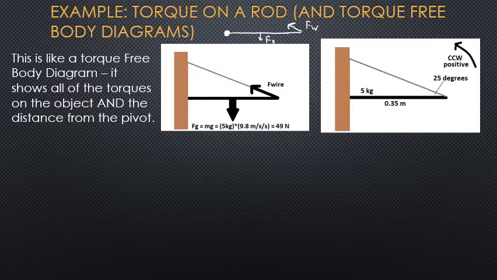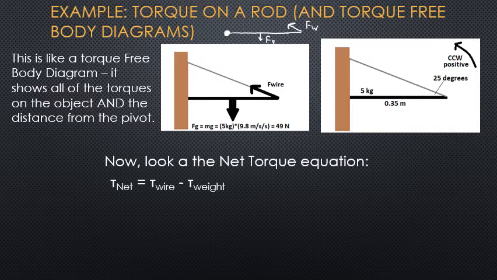So now that we have a free body diagram, we can set up the equation. In this case, net torque is going to be the torque of the wire in the positive direction and the torque from gravity or weight in the negative direction, because we said counterclockwise is positive. That's what we decided up here.